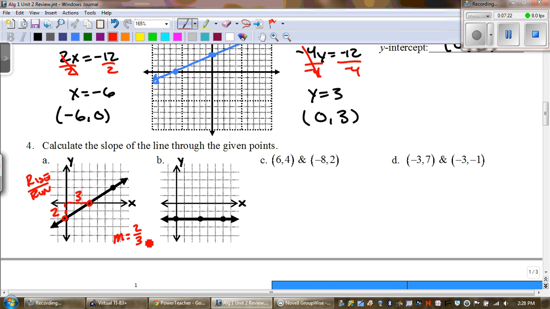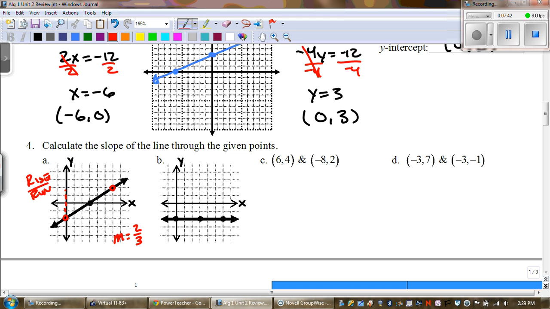Now you might say, well, Mr. Grice, I did 2 different points. I did this point and this point. Well, okay. Well, look, you go up 2 over 3. Okay, guess what? It's the same thing. Well, Mr. Grice, I picked the bottom and the top.